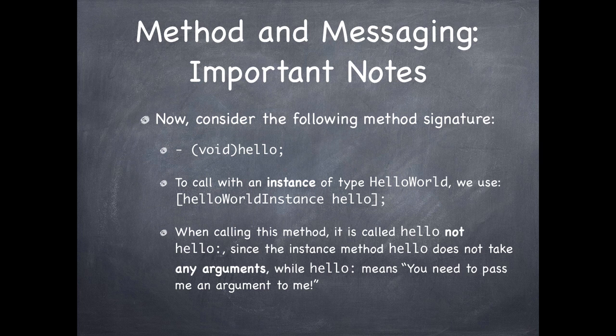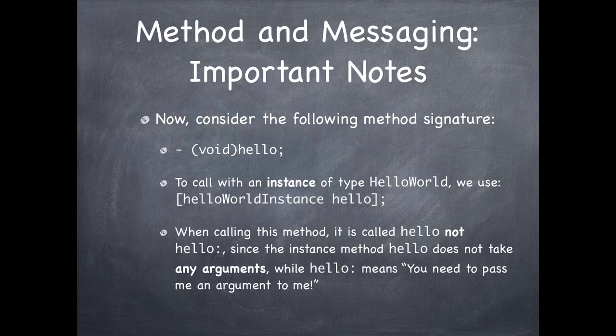So now when we call hello, just referring to it, this will be important later on in the concepts of selectors. So there's a difference between hello with a colon, and hello without the colon. Hello with the colon means that it takes an argument.